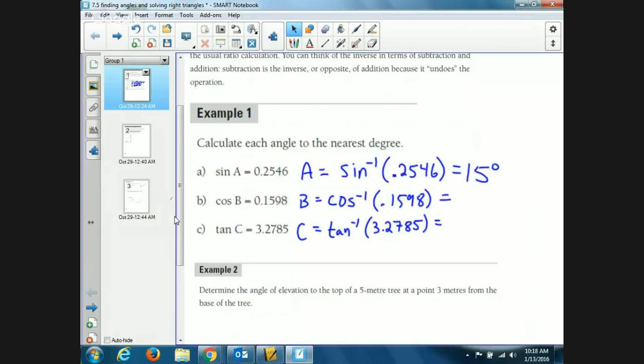So we know for sure you know what's up with your calculators.